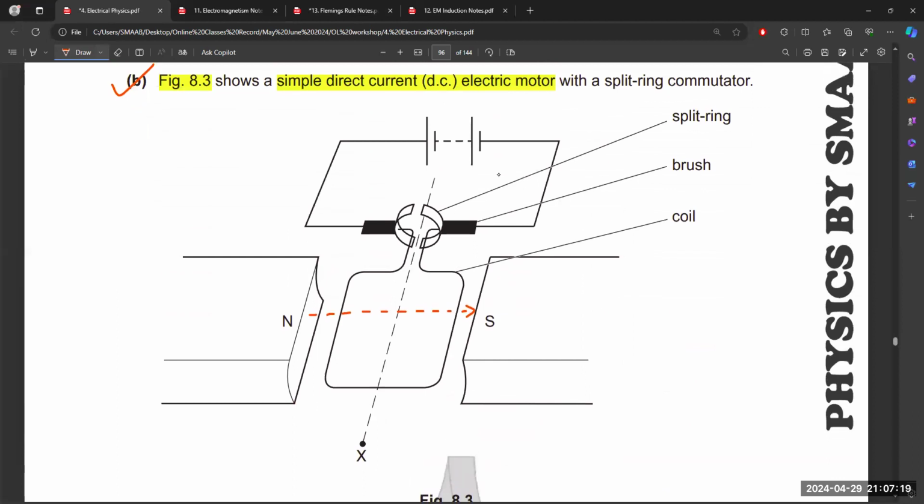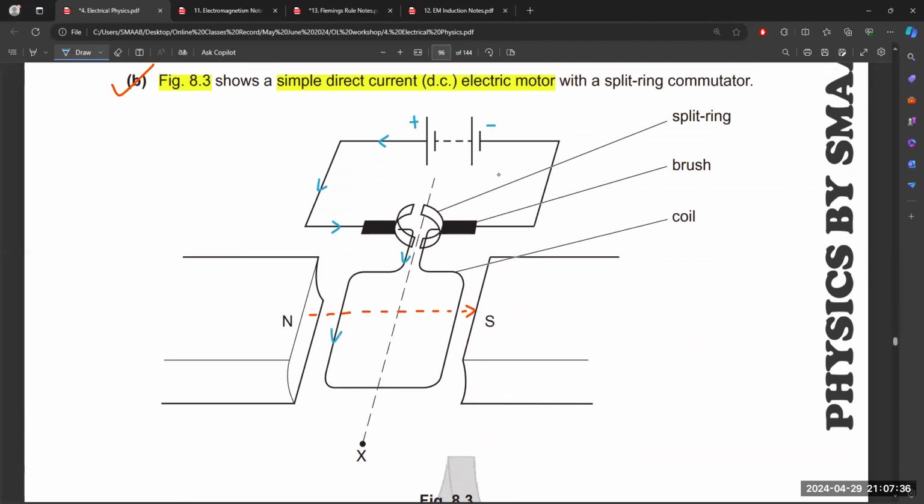Okay, so the magnetic field is moving from north to south, and you have to check the direction of current by yourself because it is not given. Current is moving from this direction because this is the positive end and this is the negative end.